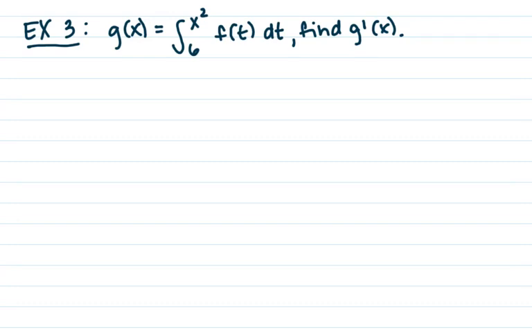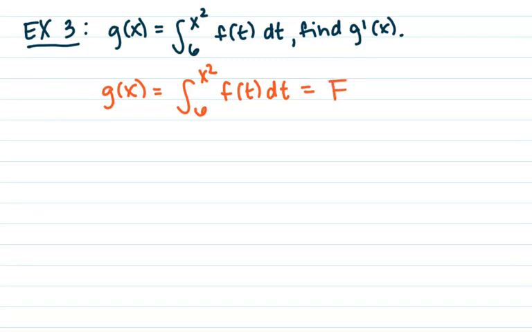So I'm going to show more steps for this one again, since it's a little bit different. All right, so we have g of x equals this integral. So that means that g of x is this. Okay, so using our fundamental theorem, we know that means we're evaluating the antiderivative function from 6 to x squared. And so this means that we're going to get f of x squared minus f of 6.